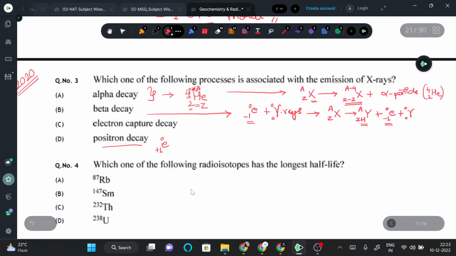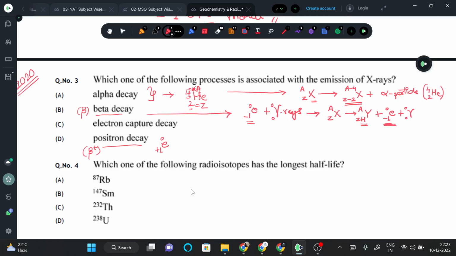Okay, so in this actually one electron is getting captured. Here we are emitting one electron, right? In beta decay. So this is the normal beta decay, and this is beta plus decay. So beta plus decay is nothing but positron emission. So positron gets emitted, that means it is actually capturing one electron.